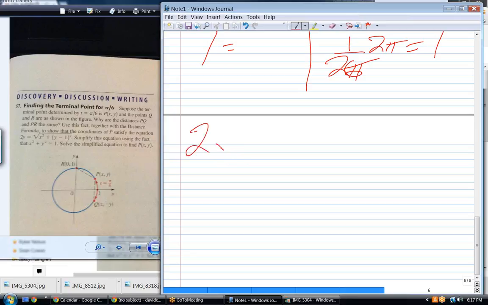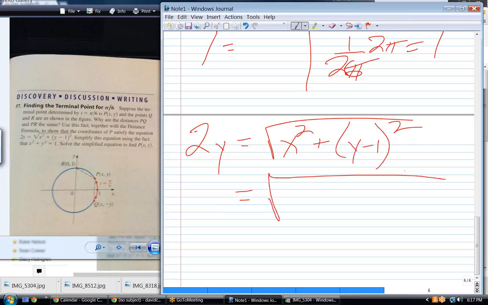But let's solve this equation like they suggest. If we square that, we get y squared minus 2y plus 1, and all of that's equal to 2y.